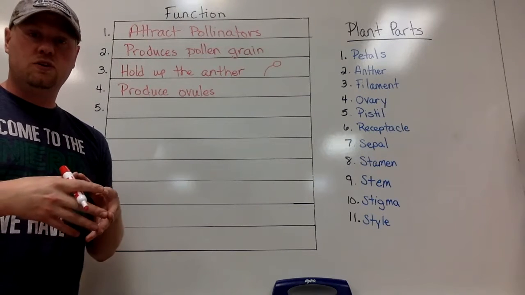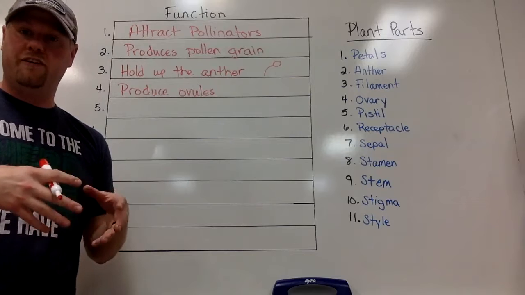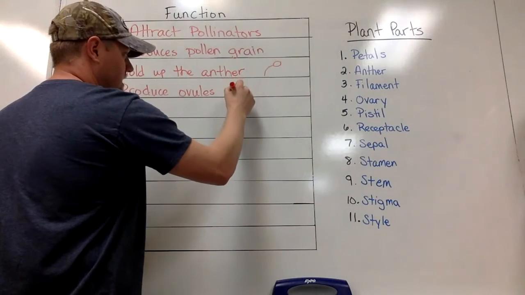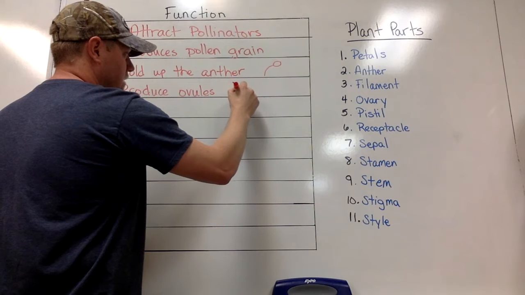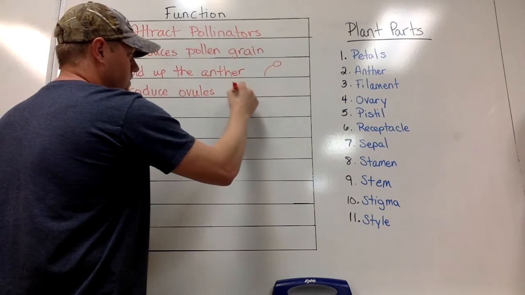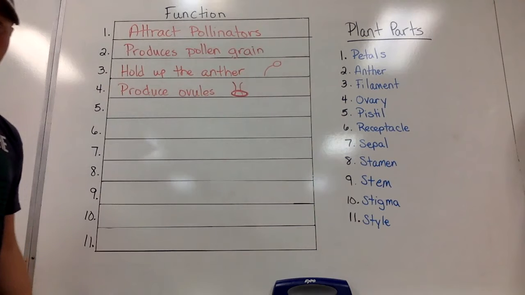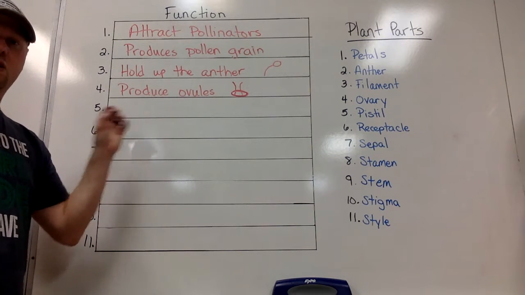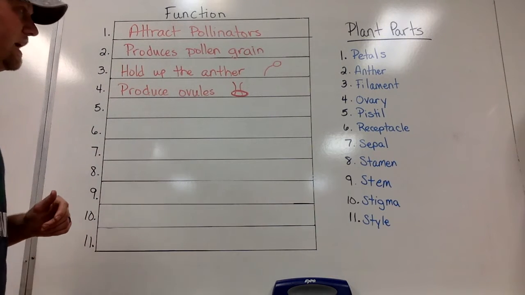It almost looks like the bottom part of a vase. So most of you guys know what a vase looks like. It kind of looks like this, and then rounds out at the bottom before it comes back up. This part right here is where all of those structures, the ovules, are going to be produced. That is the ovary for that particular plant, okay?